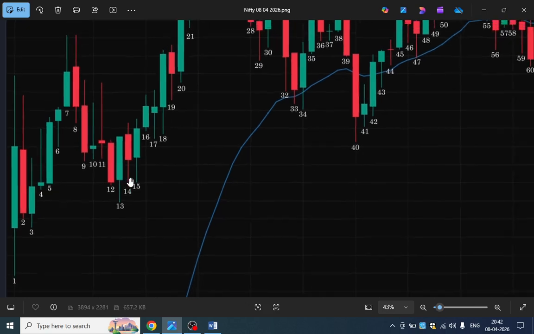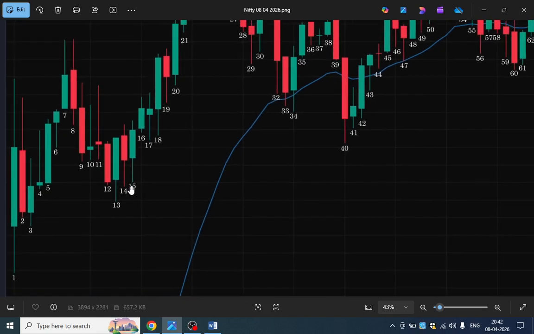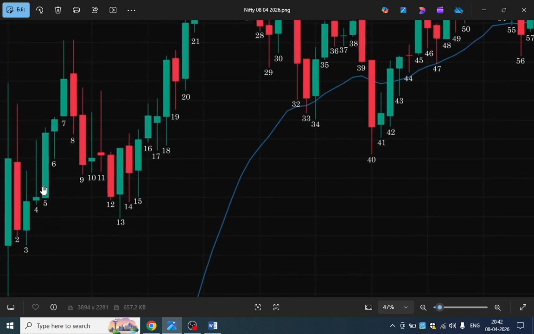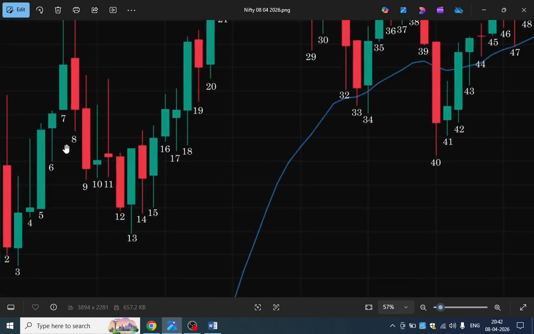Even if I want to go downside, first there should be a breakout below bar 3 or bar 1, and then a pullback, and on that pullback I will try to enter. So I just waited, and bar 8 and bar 9 were formed.